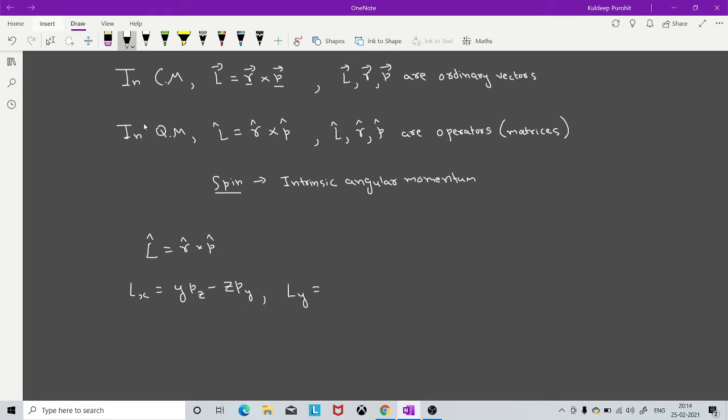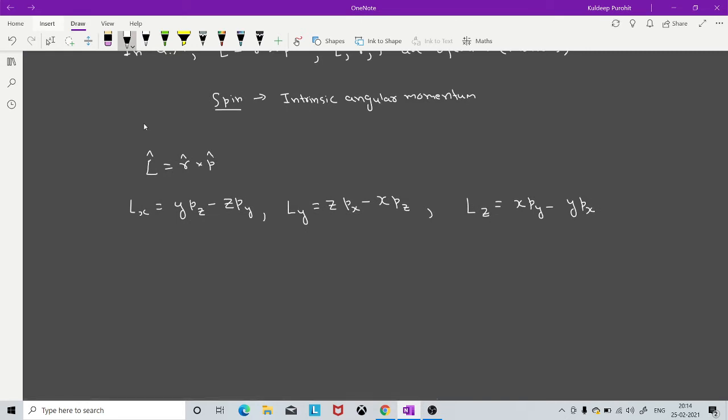Ly will be equal to z px minus x pz. Lz will be equal to x py minus y px. But remember, all these quantities are operators.